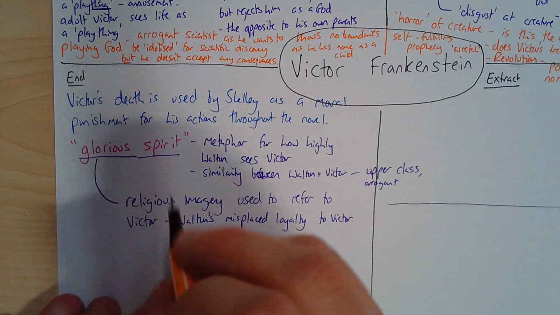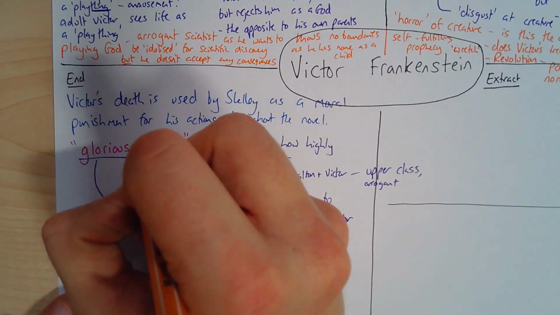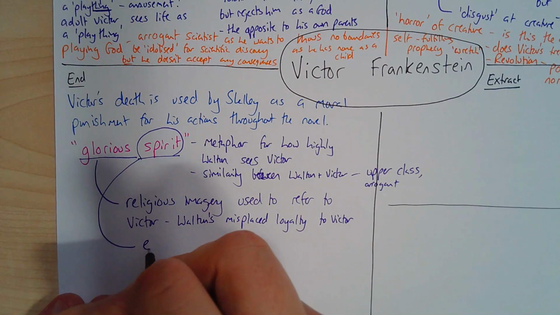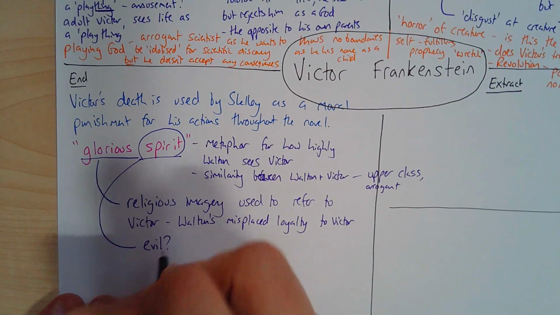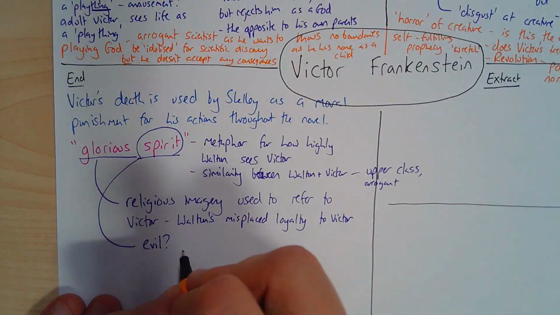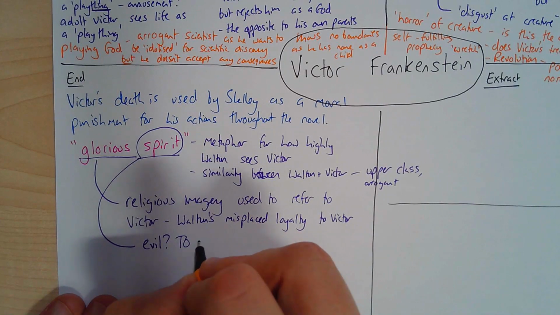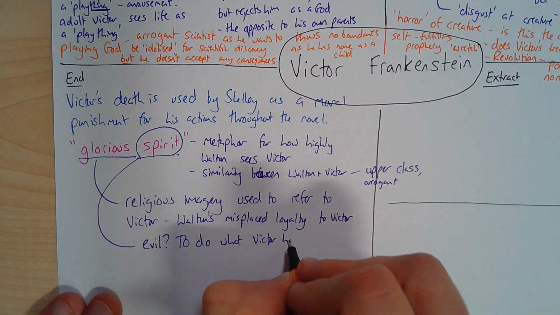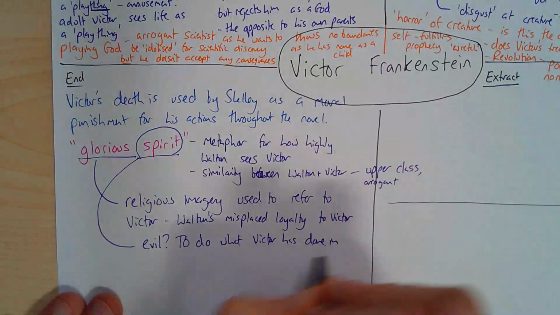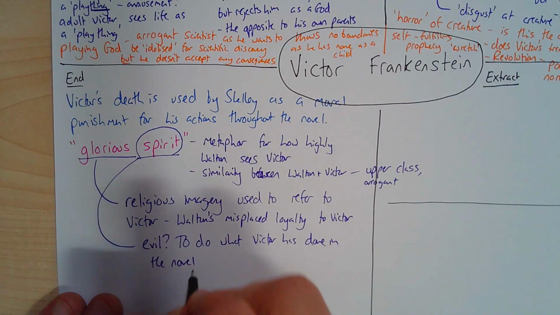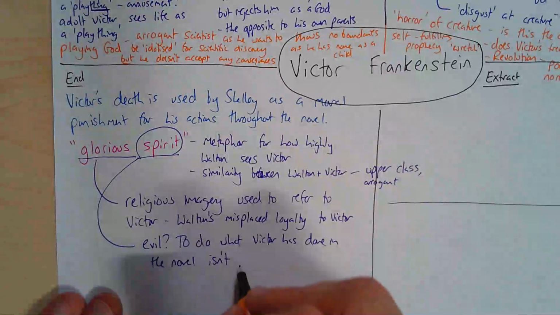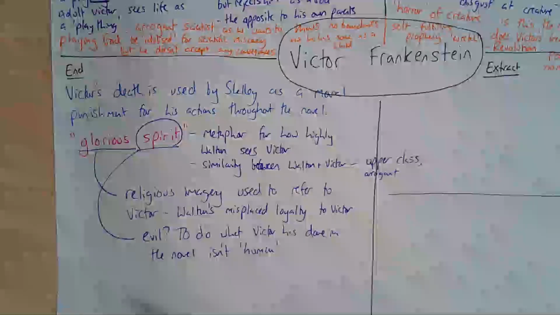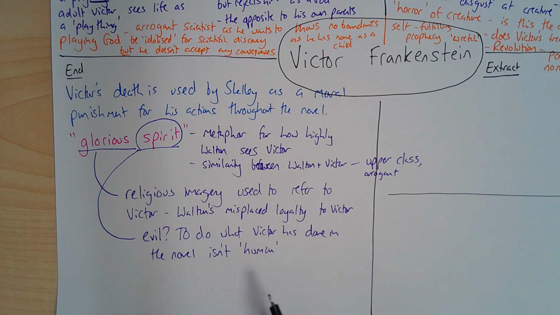You could also talk about this kind of spirit as well, potentially, you've got kind of good or evil spirits there, this idea of an evil spirit to do what Victor has done in the novel, to create and reject life, that's not human behaviour.